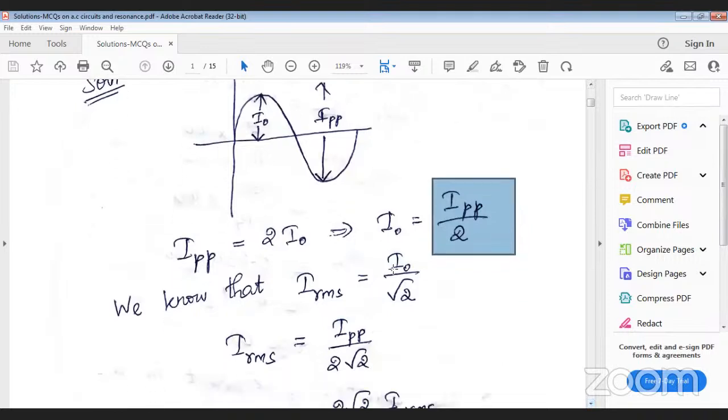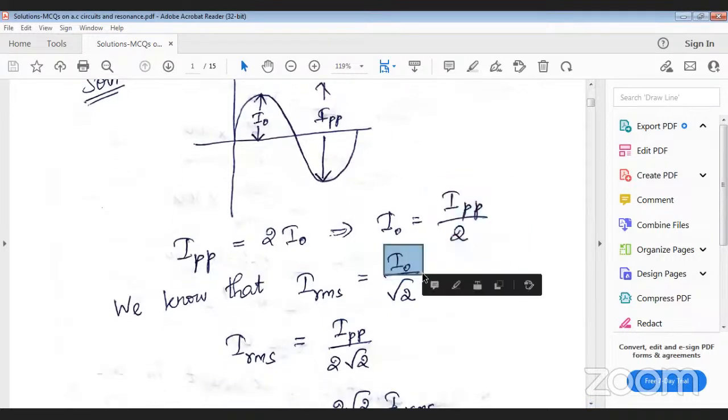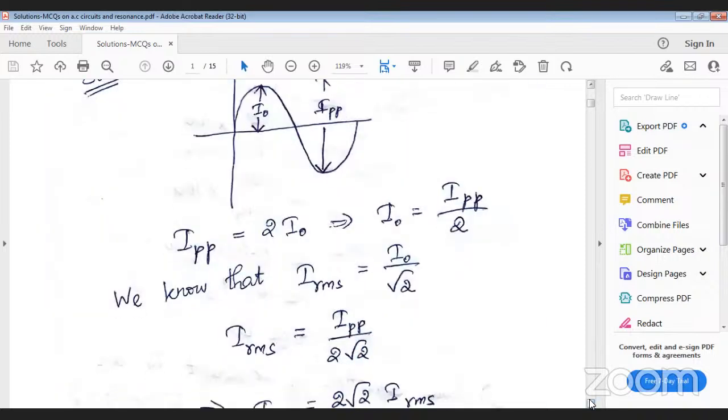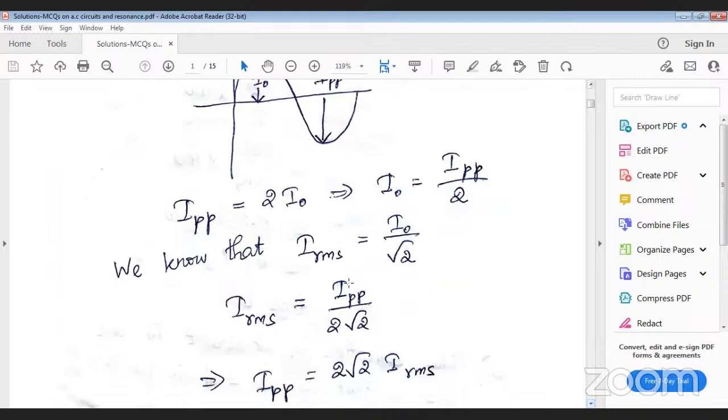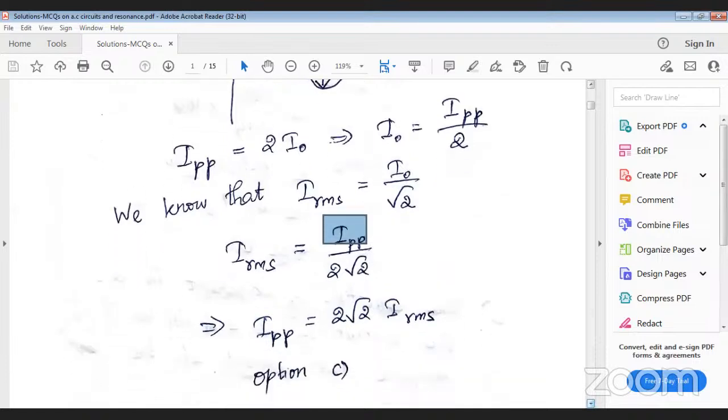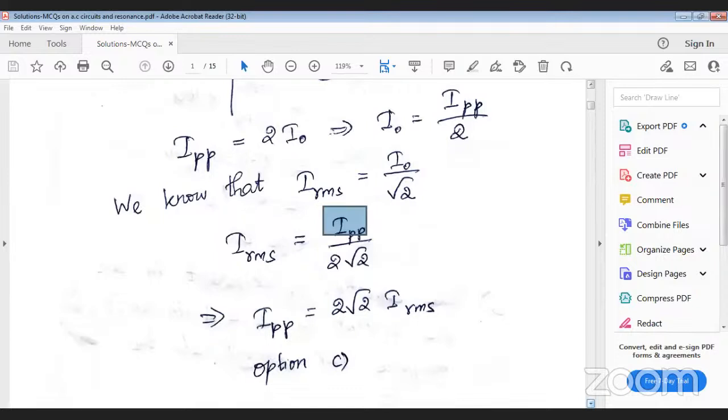So instead of I naught, I substitute IPP by 2. So IRMS equals IPP divided by 2 root 2, and the peak to peak value is IRMS into 2 root 2. So 2 root 2 IRMS, and that is option C. This is how you need to approach this problem.